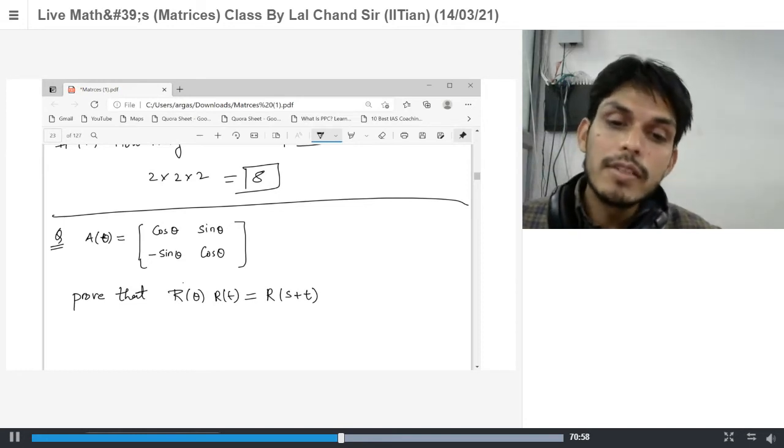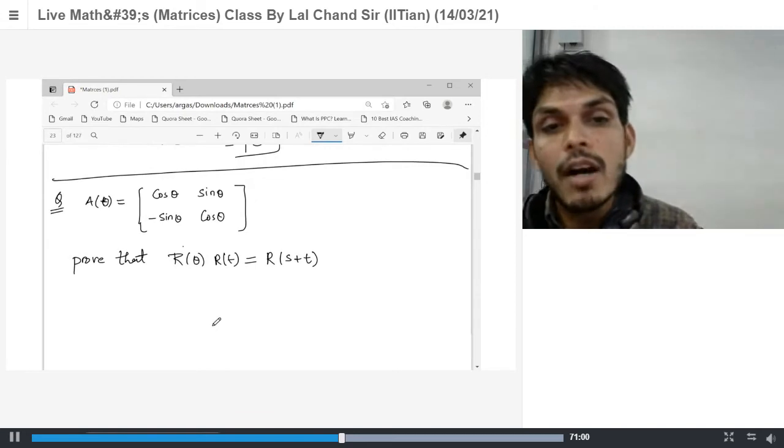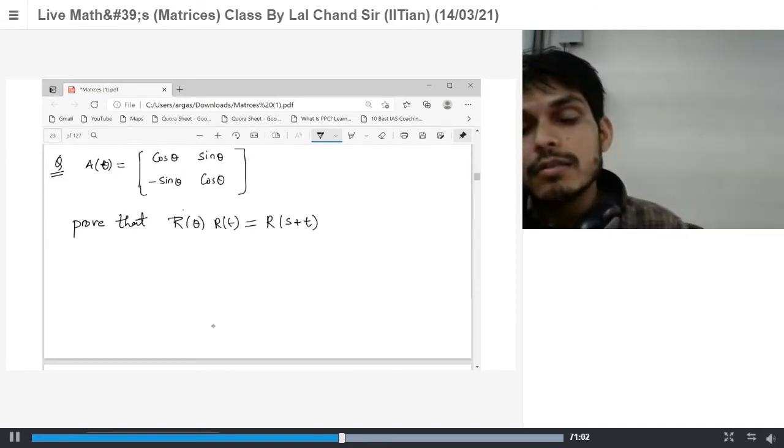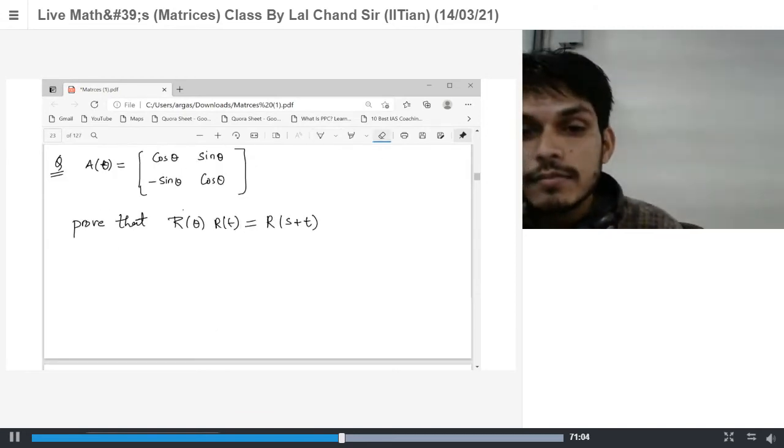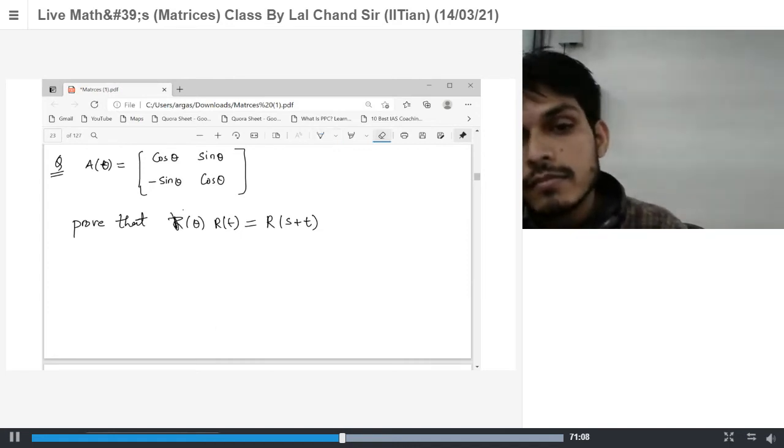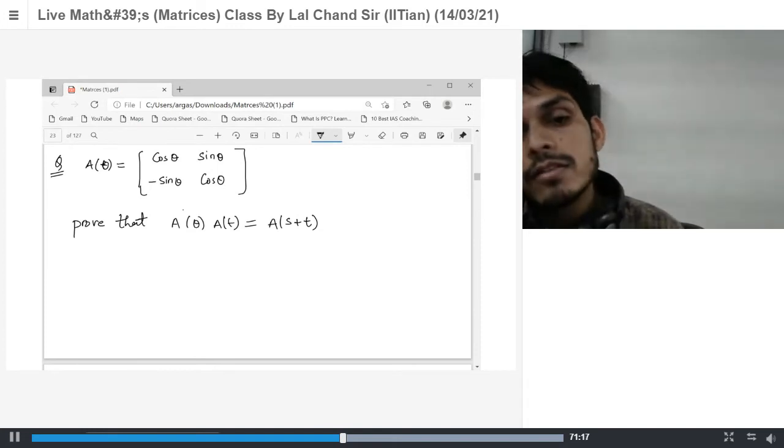Okay, so first we need to find out this product. So we have R, this is basically A theta.